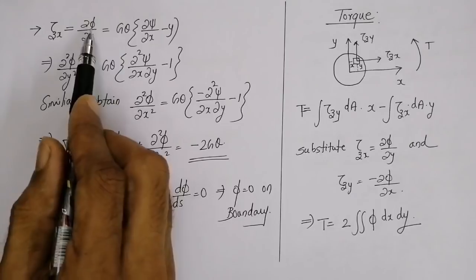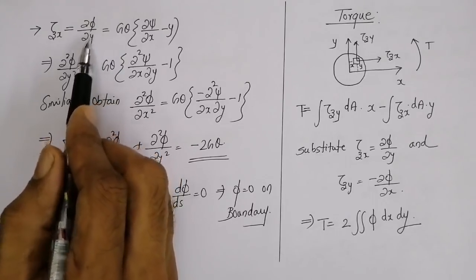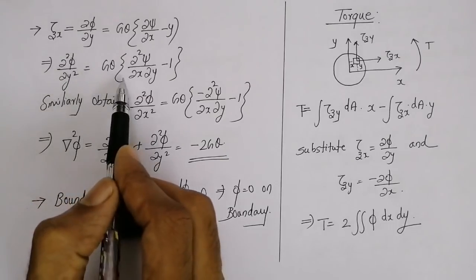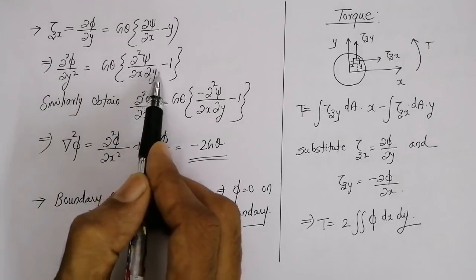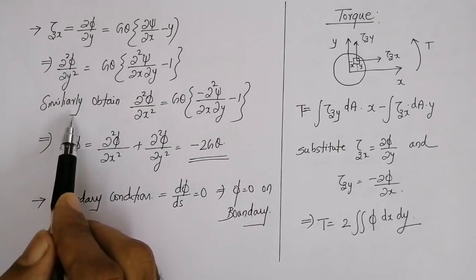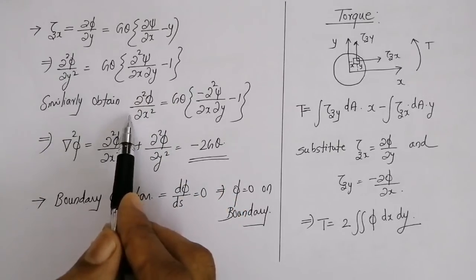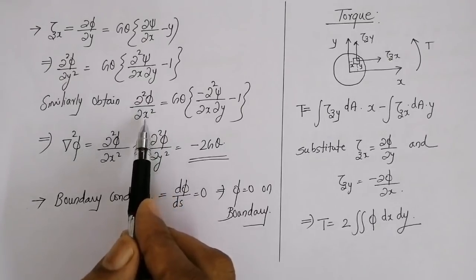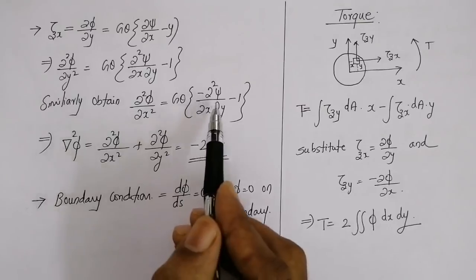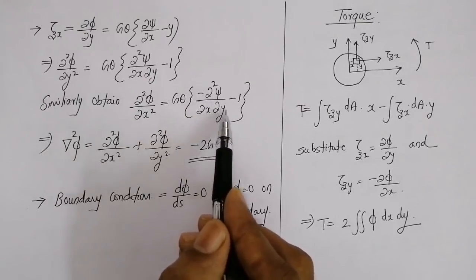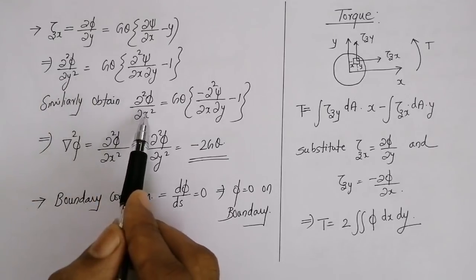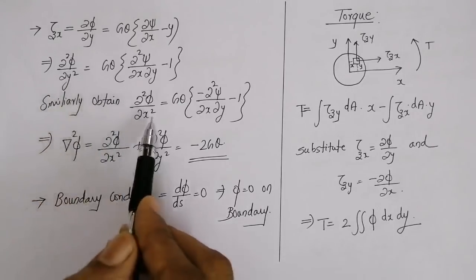Now if you differentiate this with respect to y, we will get dou square phi by dou y square, which is equal to G theta into dou square psi by dou x dou y minus 1. Similarly, you have to write down the expression for tau zy and differentiate in such a way that we will get dou square phi by dou x square equal to G theta into minus dou square psi by dou x dou y minus 1. Now if we add these two components, what we will obtain? We will obtain del square phi.